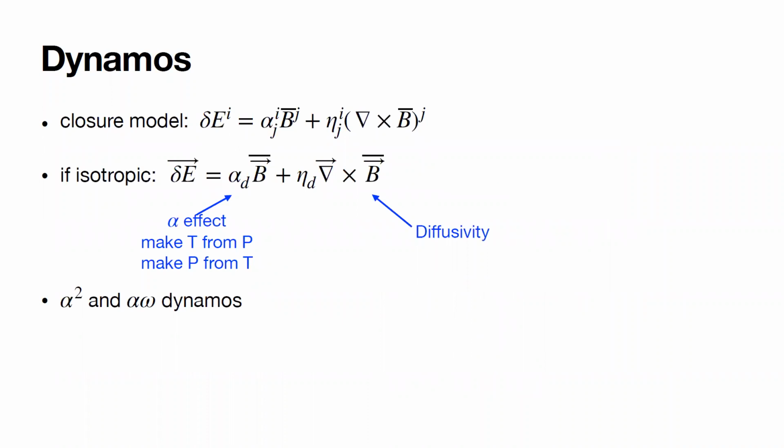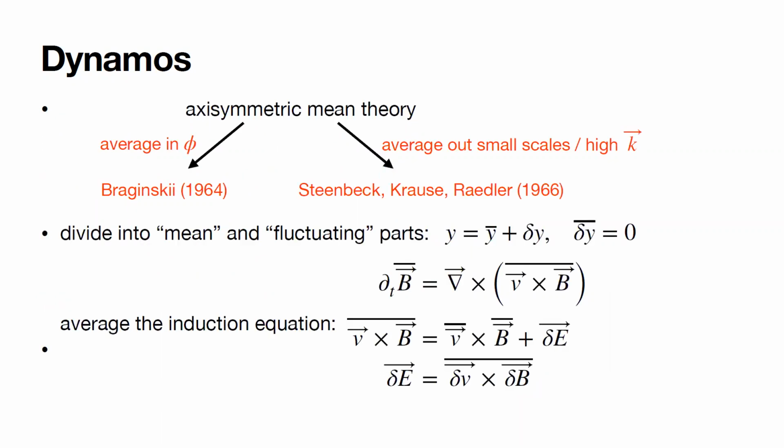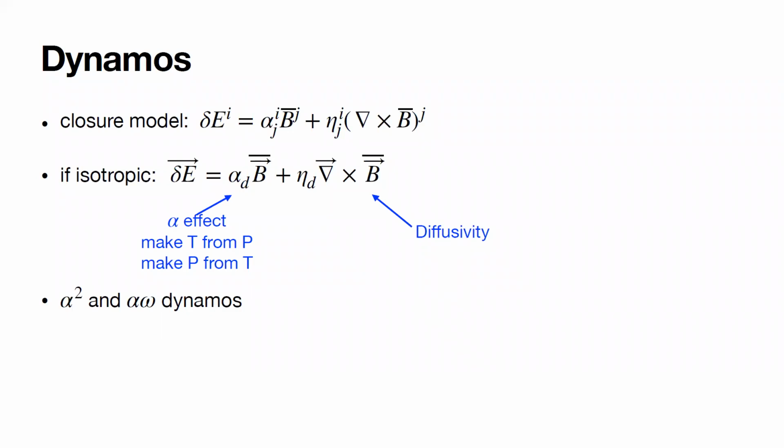Okay, now if we want a model where we only know the large scale stuff, the small scale stuff is subgrid. It's stuff that we haven't kept track of. We would like to express this delta E in terms of things that we have: the average magnetic field, the average velocity or something. And so what you do is you guess a closure model.